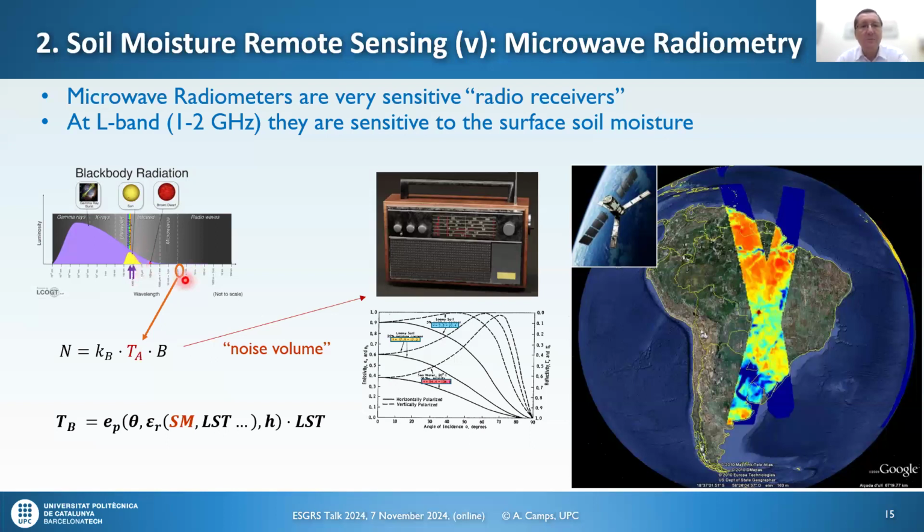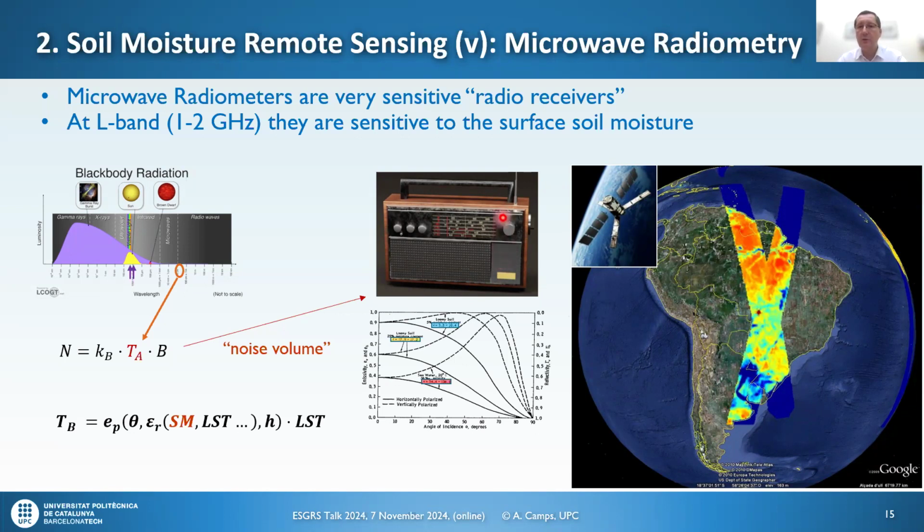And what does a microwave radiometer measure? A microwave radiometer measures basically noise. It measures the thermal noise, very similar to when we have a radio receiver that is tuned into a band where nobody is transmitting. So what do we listen to? We listen to noise.